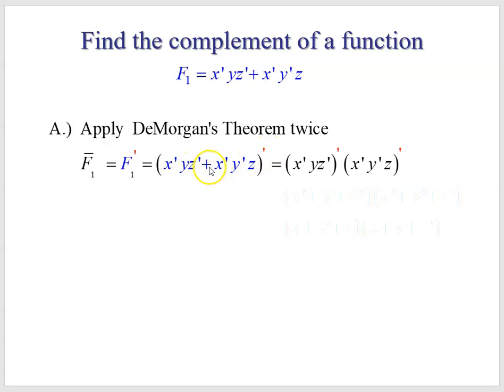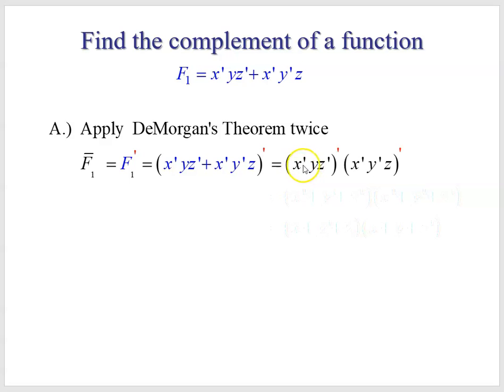So then we apply De Morgan's theorem. We convert this OR to an AND, and then we complement these 2 terms. So this term x' y z' becomes, we can consider that, a capital A and that a capital B. We've just eliminated that substitution step. But we make sure we put these in parentheses so we use our order of operations properly.